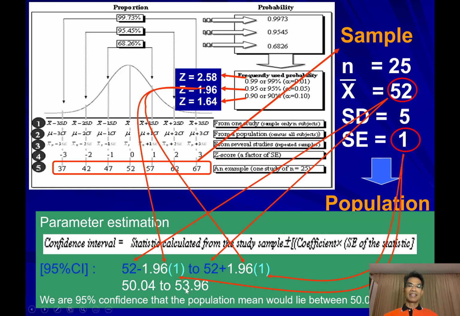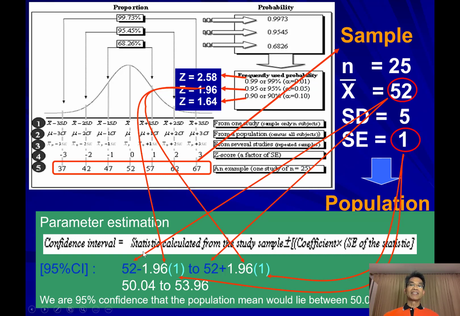And here is the answer. We say that we are 95% confident that the population mean would lie between 50.04 and 53.96, or about 50 to 54 approximately. And that's it. Easy, right?